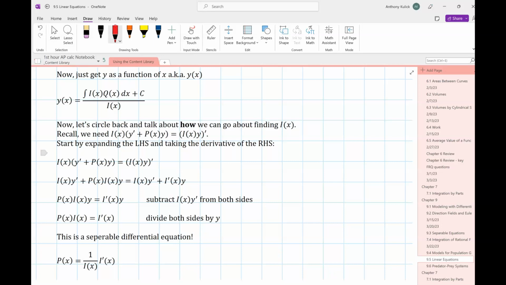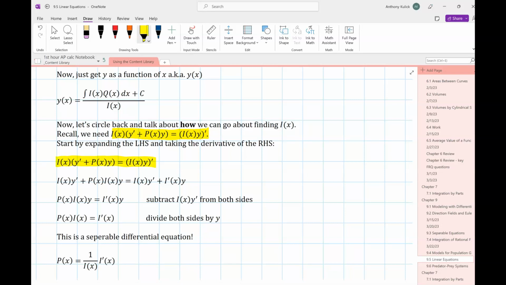So we have our first order differential equation that we've multiplied both sides by I of x, where I of x needs to give us this relationship, right?